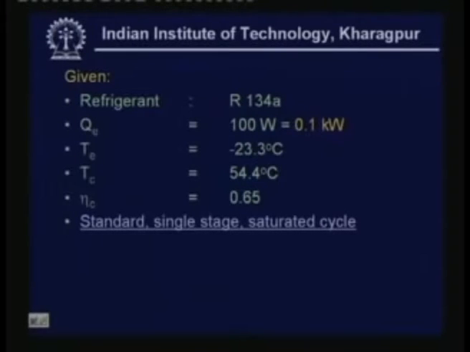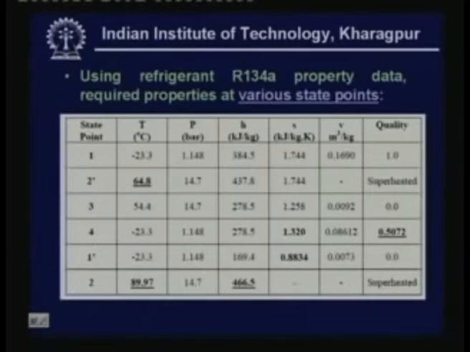So this is the list. The information given is like this: refrigerant is R134A, refrigeration capacity is 100 watts or 0.1 kilowatts, evaporator temperature is minus 23.3 degrees centigrade, condensing temperature is 54.4 degrees centigrade, the isentropic efficiency of the compressor is 0.65, and it is mentioned that it is a standard single stage saturated cycle. Okay.